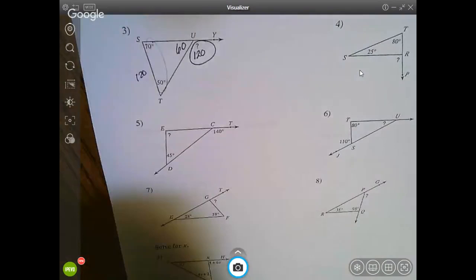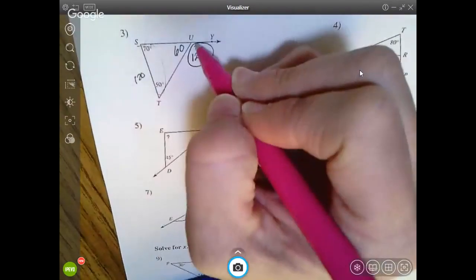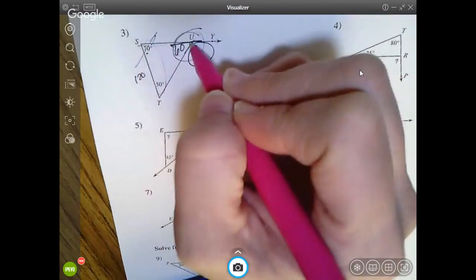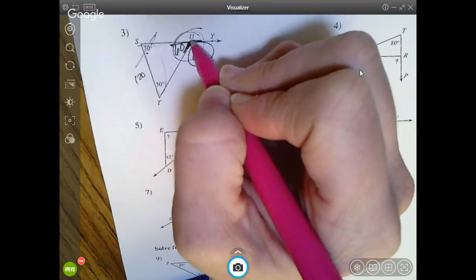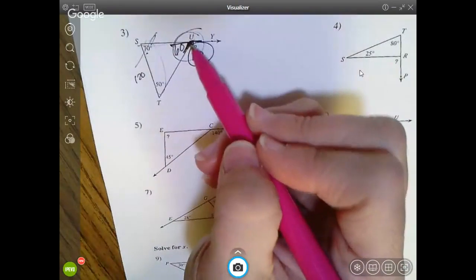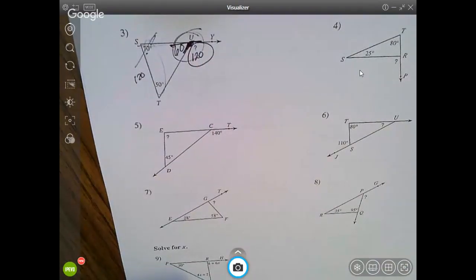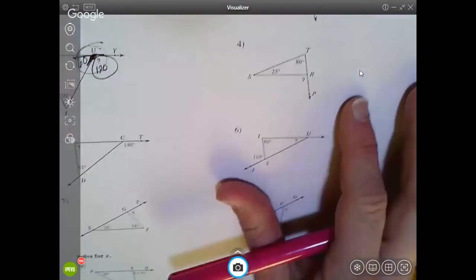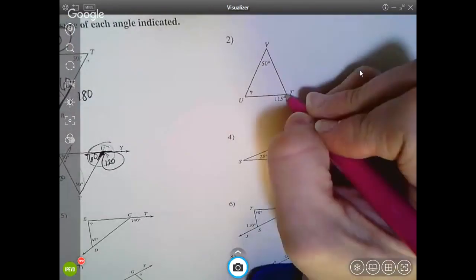No. It is a straight line, but this angle's not touching this line over here. They all have to touch at the same point. You couldn't do 70. Yep, Nick. So as long as they share the same point. So like here, this shares the same point.